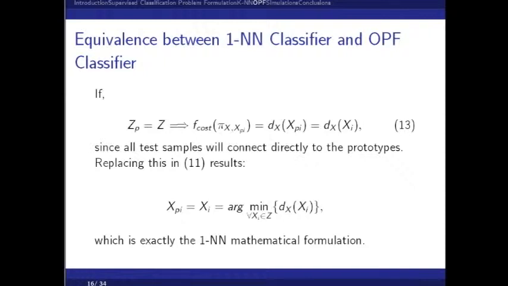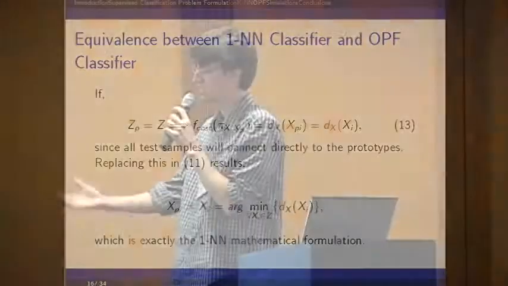And here we have an equivalence between the 1 nearest neighbor classifier and the OPF classifier. Let's suppose that we use all labeled samples as prototypes. So all test samples will connect directly to a prototype. So the path cost function would be exactly the distance between the test sample and the labeled samples in the classification.